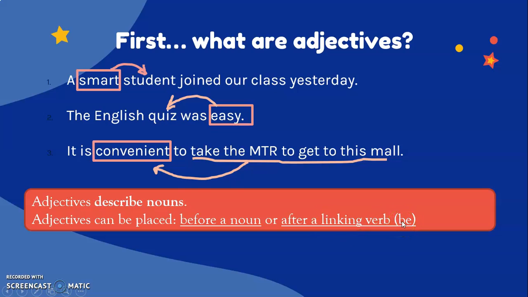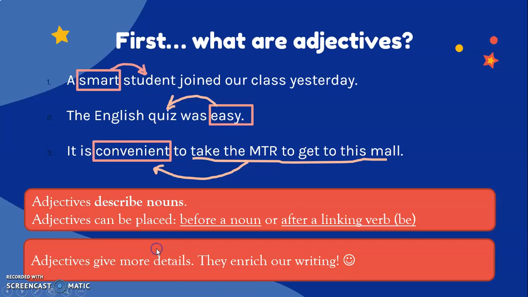Be can be changed into very common forms, like is, am, was, were, etc. So here you can see that the adjective easy comes after the verb was, and here convenient comes after the verb is.